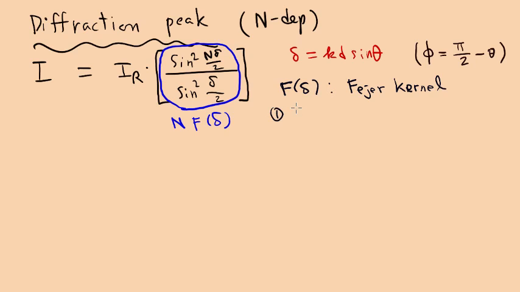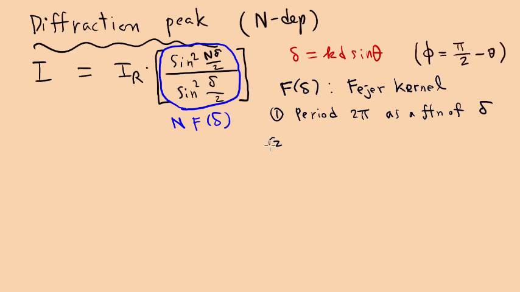Its period is 2 pi as a function of delta. How do we see that? Well, look at the sine of delta over 2 in the denominator. That has a period 4 pi, but when you square it, the period becomes half of it. So that's 2 pi.